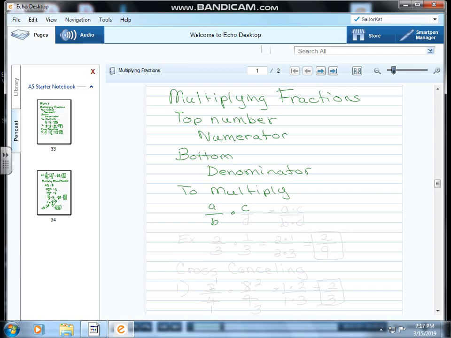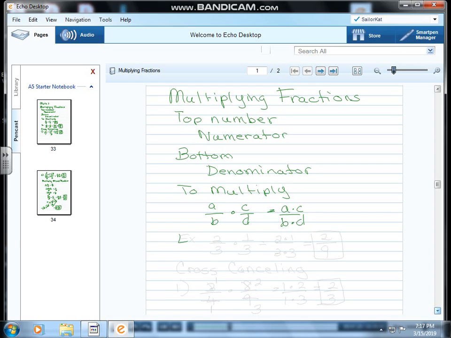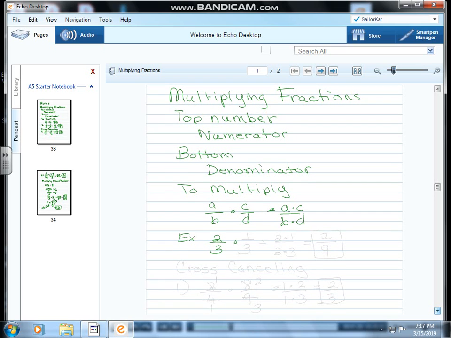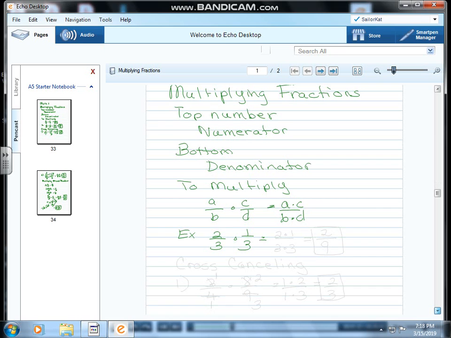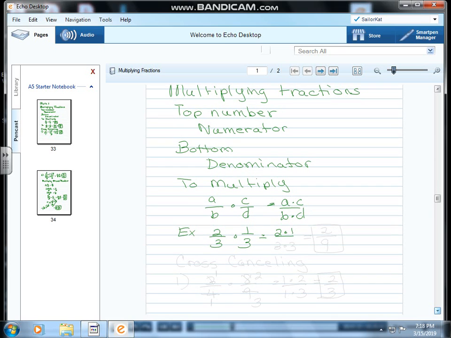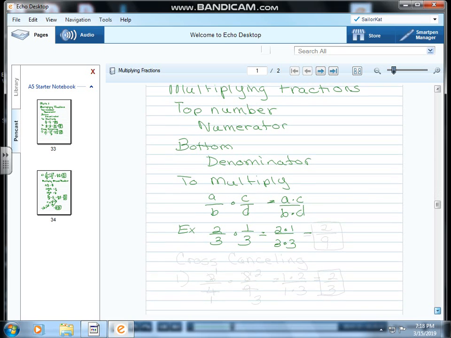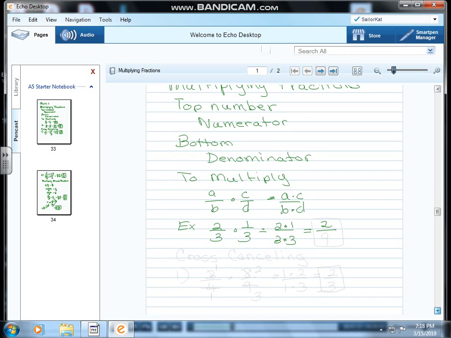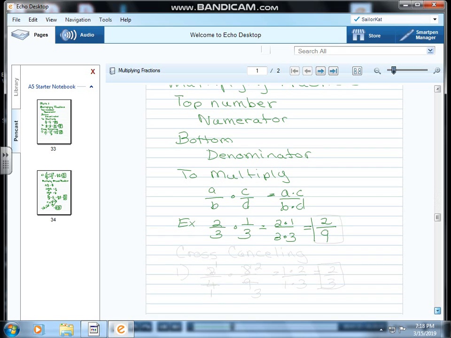So the generic example is A over B times C over D, which is A times C over B times D. A non-generic example, a specific example, take 2/3 times 1/3. You can write it like this if it makes it less confusing to you. And so 2 times 1 is 2, and 3 times 3 is 9.